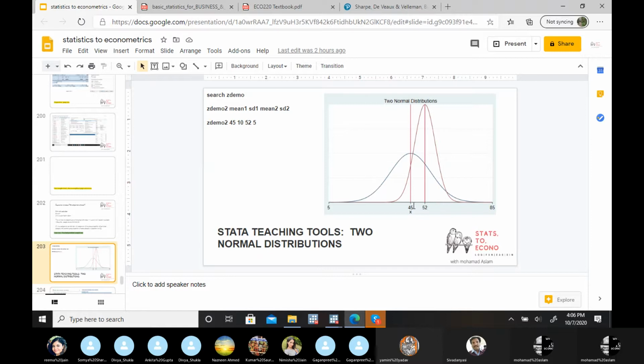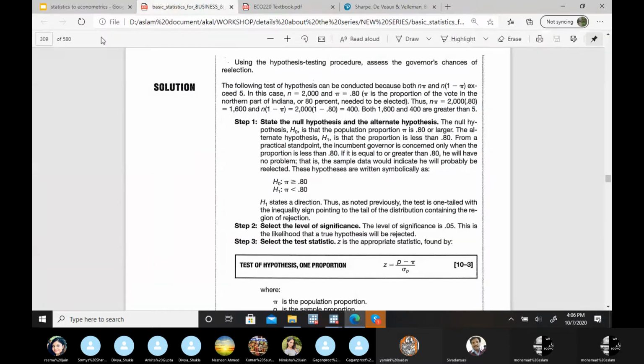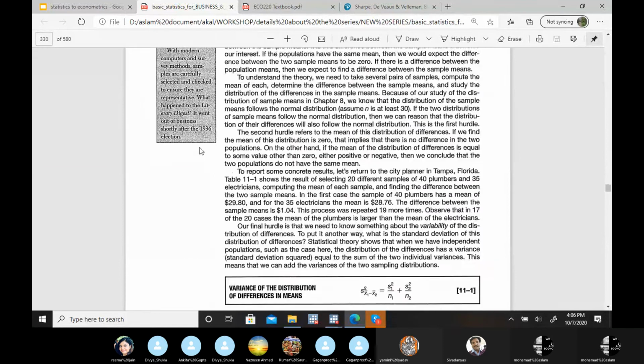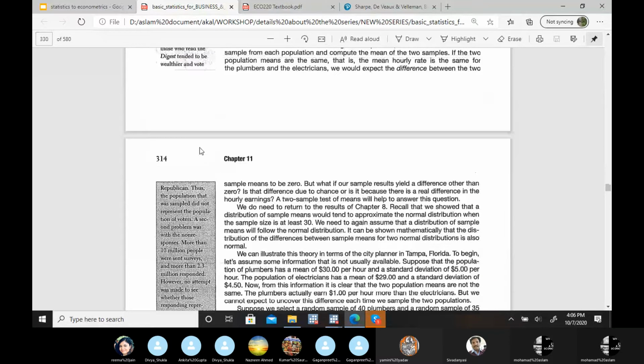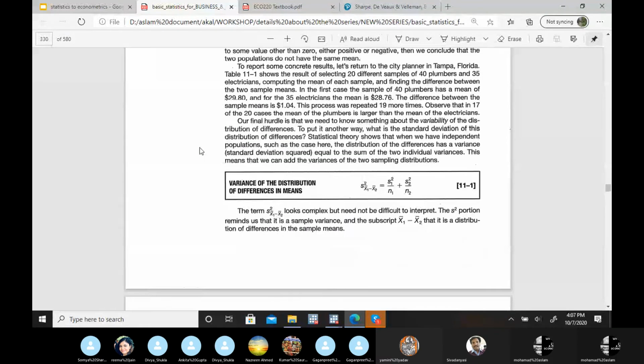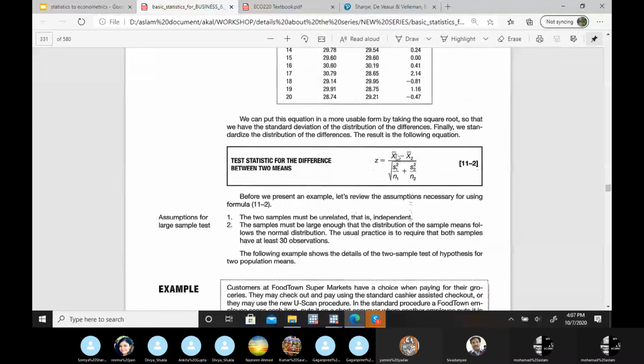First, this Z case. Let's take an example from the textbook, 331. Okay, first let me show you the formulas. If it's a two sample independent test, now you are not going to compare with the population.